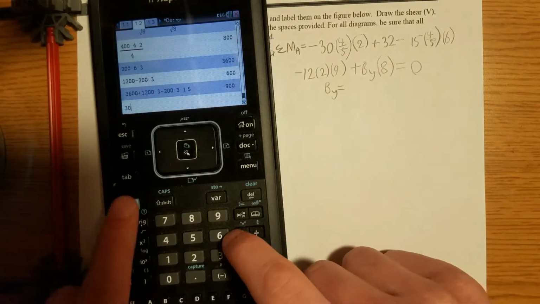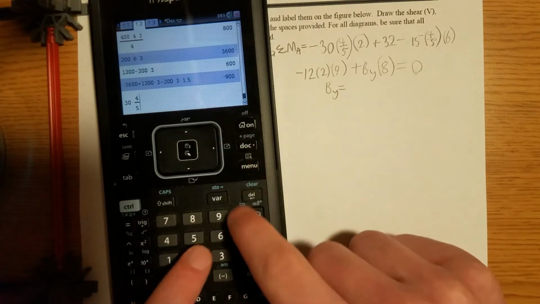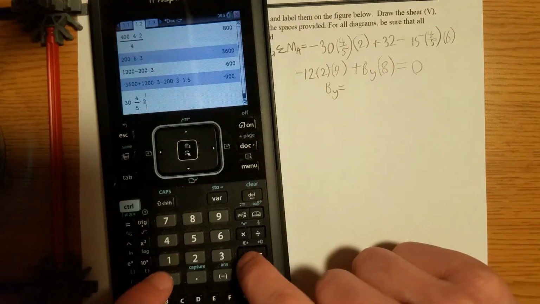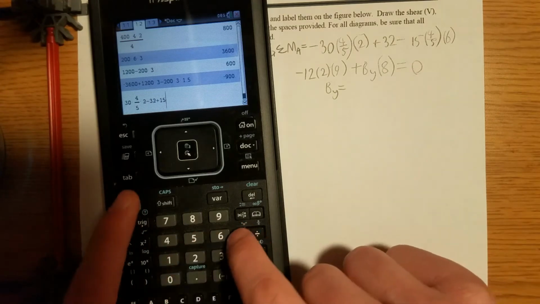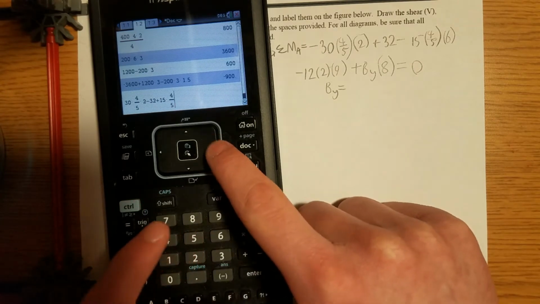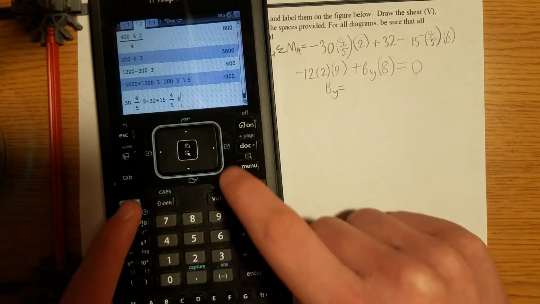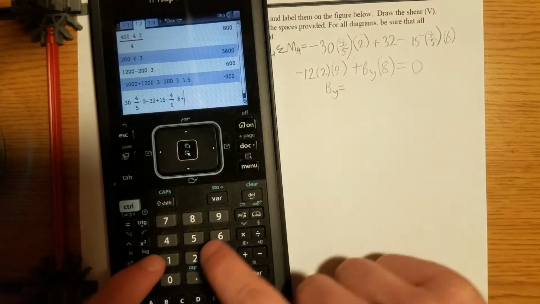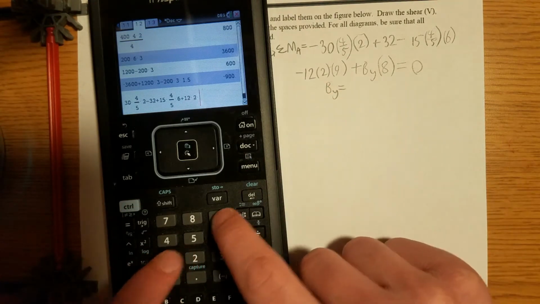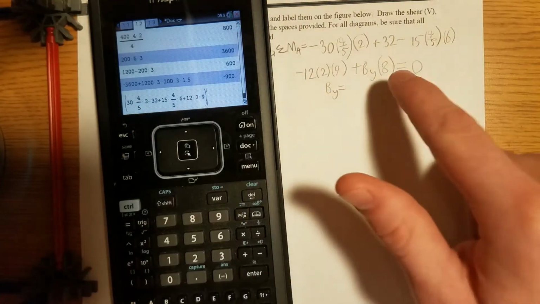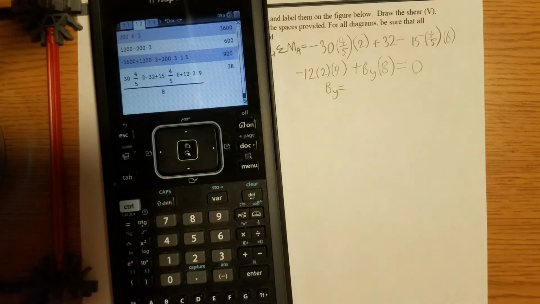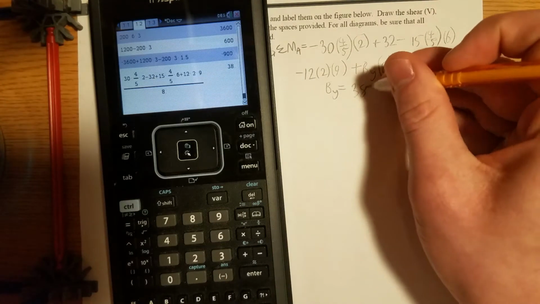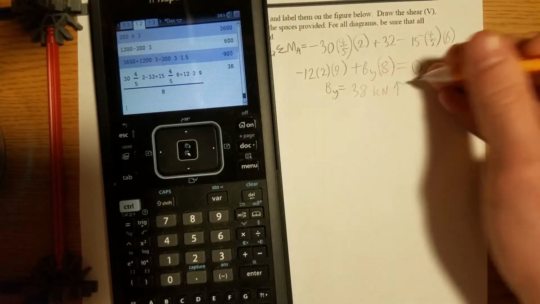So we're going to have 30 times 4/5 times 2 minus 32 plus 15 times 4/5 times 6 plus 12 times 2 times 9. And then we'll put that all in parentheses. Since BY is going to be on this side, we need to divide it all by 8. We're going to get BY is equal to 38 kilonewtons going upward.